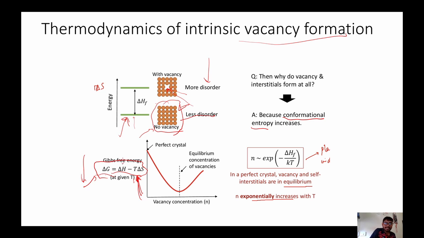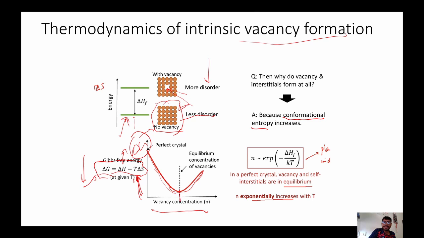Also delta H increases. So in the plot of delta G versus vacancy, there will come a point when delta G will be least.